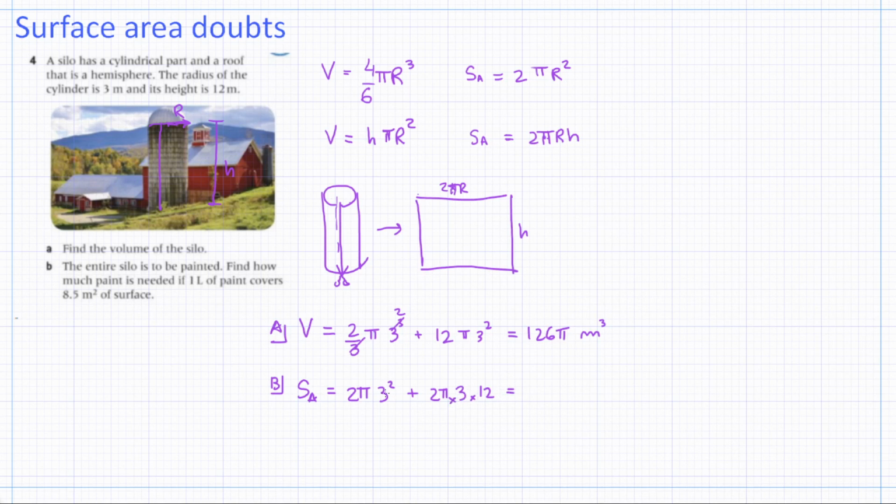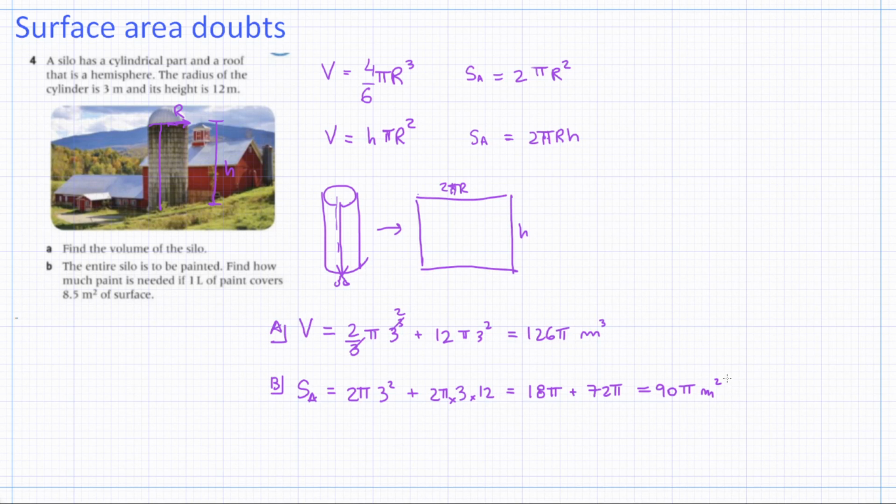So 3 squared is 9, times 2 is 18 pi, plus 3 times 12, 36, times 2, 72 pi. So this would be 90 pi square meters.